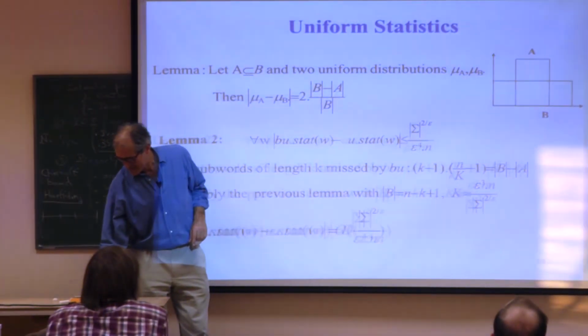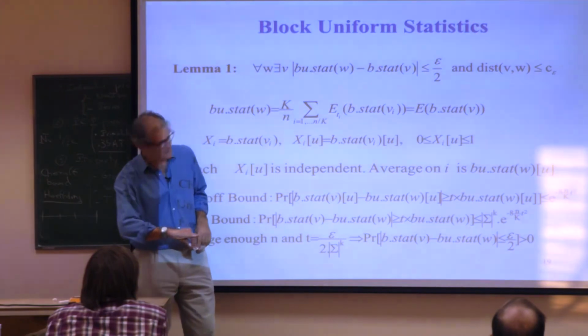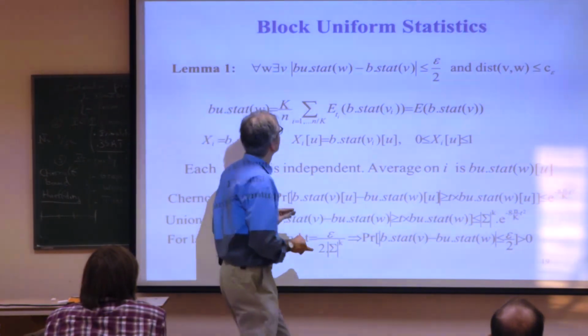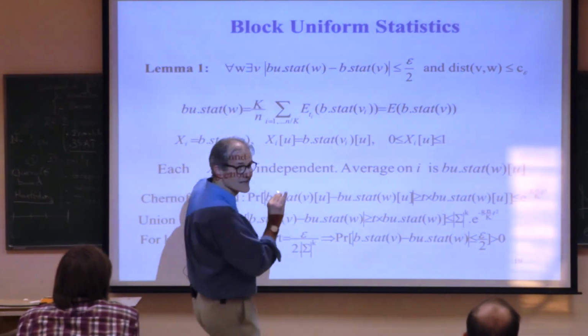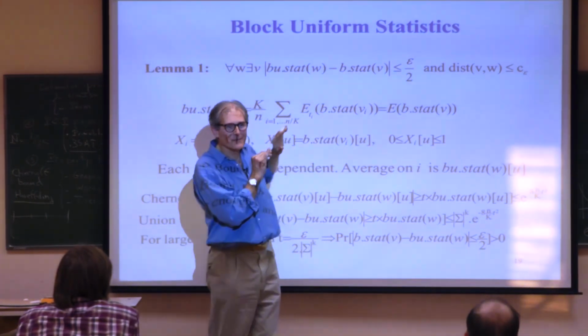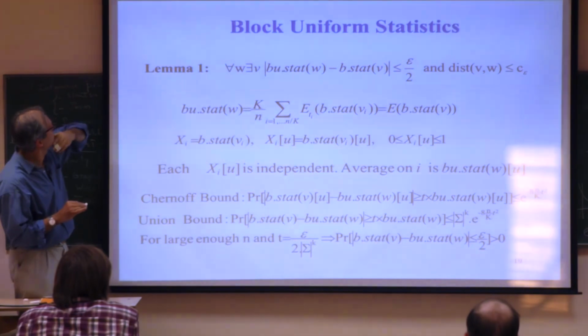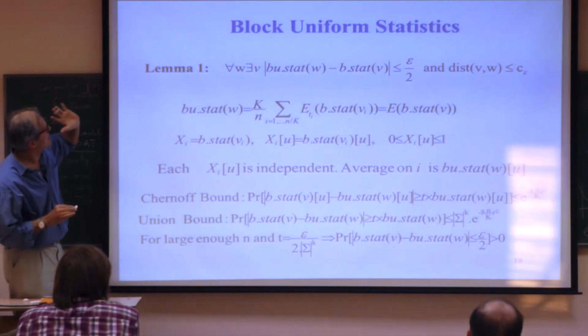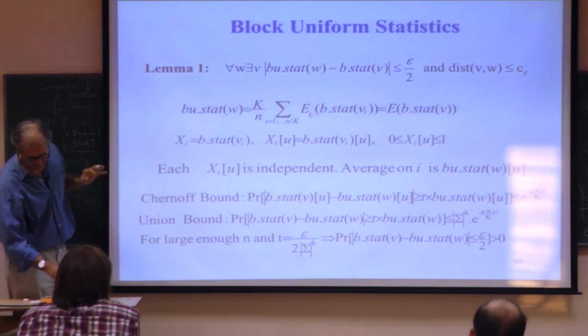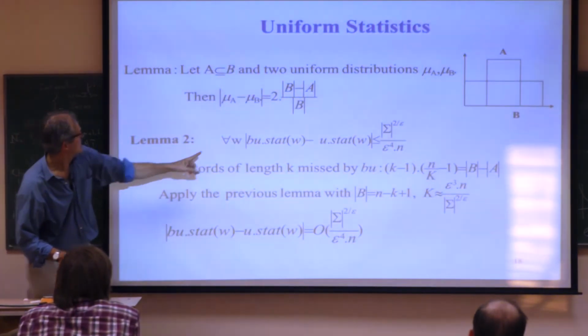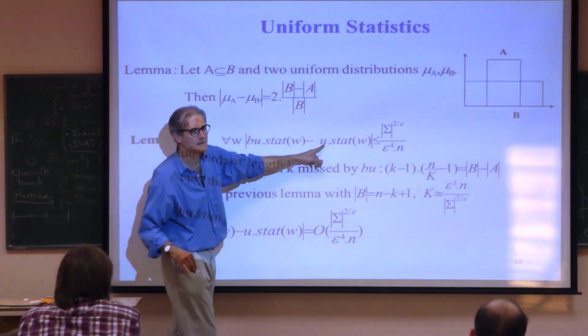Okay. Now, after that, we're getting closer to the end. So I'm really sorry for the technical details. That explains why I'm using slides here, because if I were going to do this on a blackboard, it would be very boring. Now, the previous slides say that the BU stat is very close to the U stat.